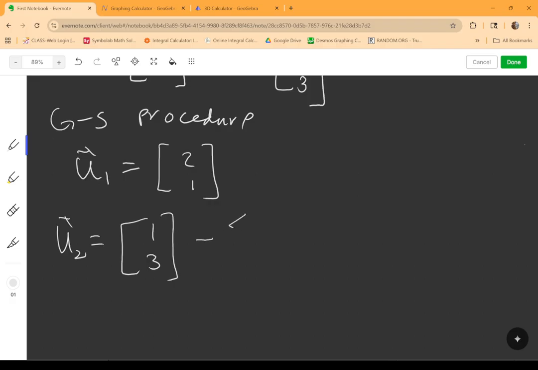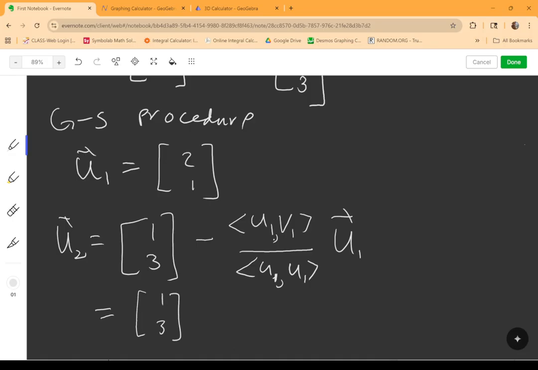So that's where the inner product of U1 and V2, over the inner product of U1 with U1, the norm of the vector squared, we divided out, times the vector U1. Okay. Excuse me. All right, so we get (1, 3). This inner product of U1 and V2 is going to be 5.